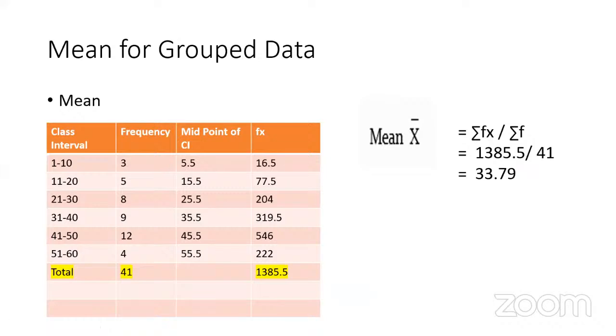Now to understand a little more, let's do this. I am keeping the same class intervals. Let's change the frequencies.